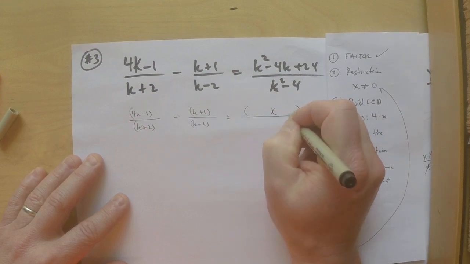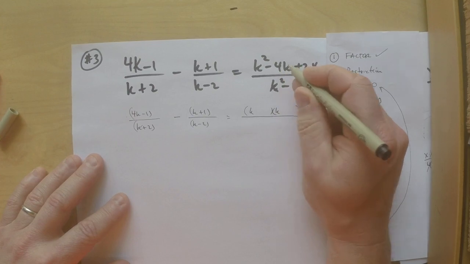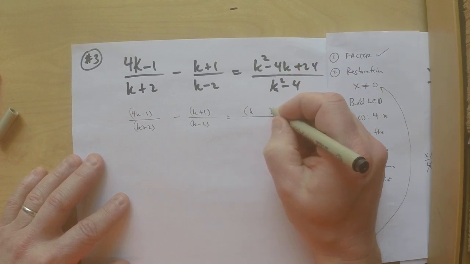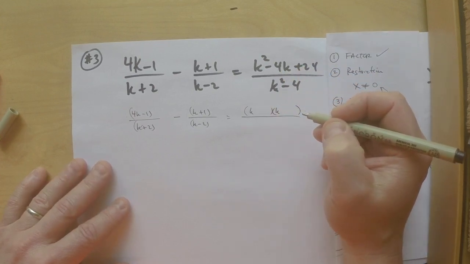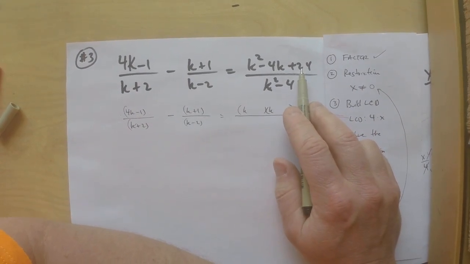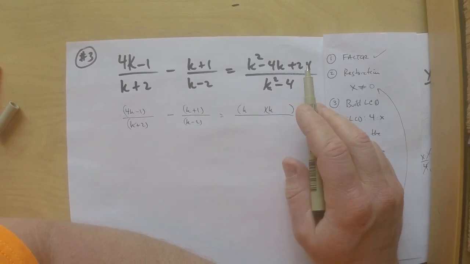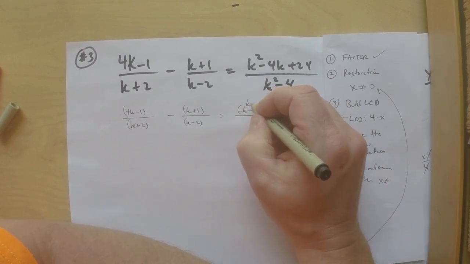Trinomial. 24 to get negative 4. It's going to be a 6 and a 4. No. Does that even factor? 24: 8 and 3. Nope. 6 and 4. No, that guy doesn't factor. That's a sneaky little bugger.